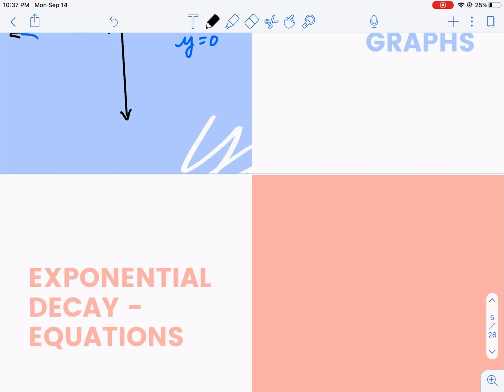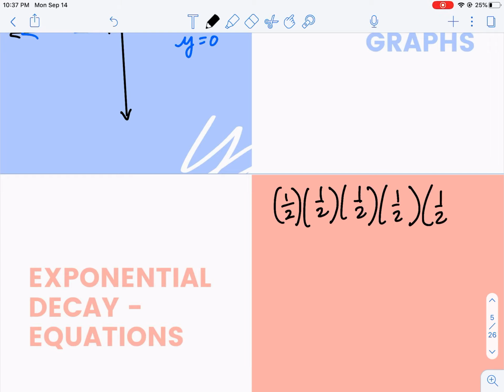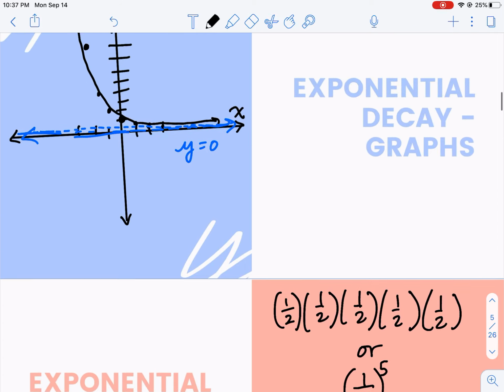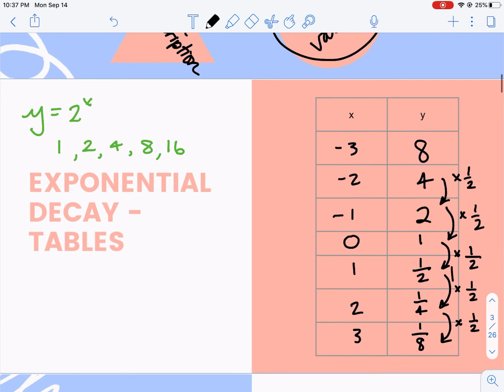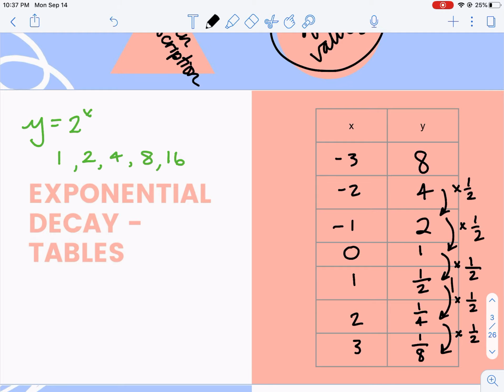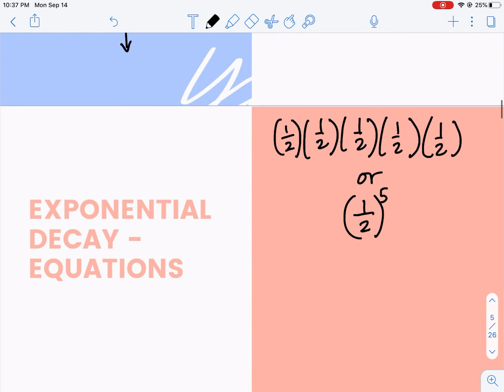So I could say 1/2 times 1/2 times 1/2 times 1/2 times 1/2, or I could say 1/2 to the 5th power, because there are 5 1/2s. And since this is just repeated multiplication, I can think about it in the exact same way.